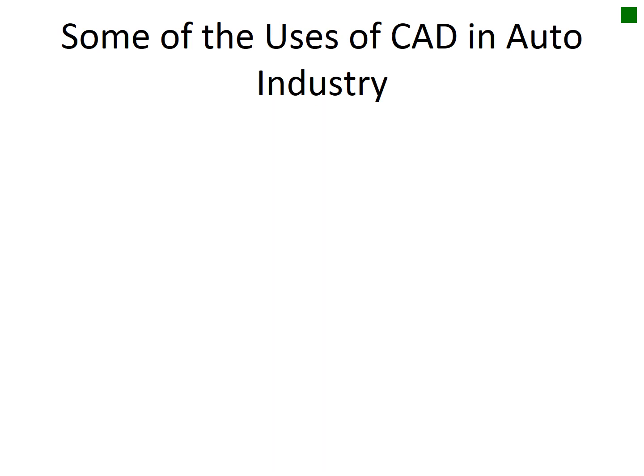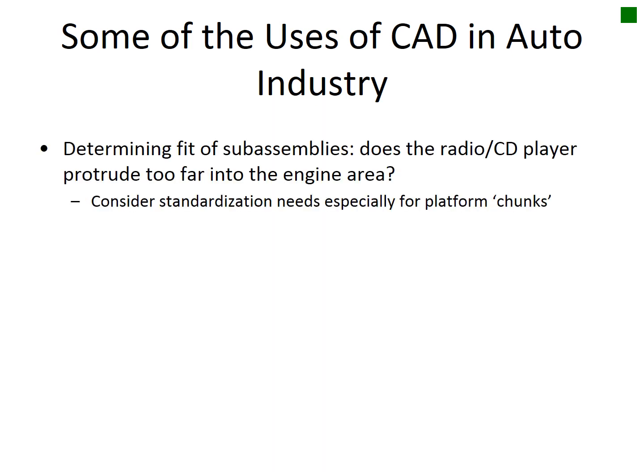And an example, just an example of some of the computer-aided design work for the auto industry, for instance, thinking about the fit and finish of sub-assemblies, making sure that pieces fit where they're supposed to fit. This is also an idea that if we have a standard size, then we need to make sure we maintain that standard size when we change modules.